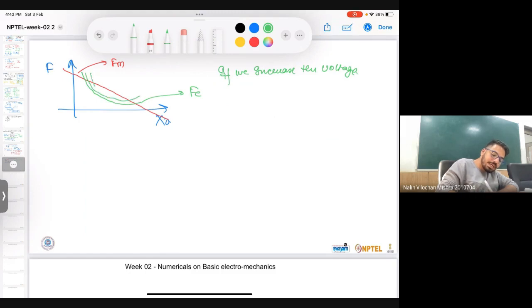If we again increase it like this, there will be certain roots, and there must be one solution where both the roots are the same. So we are increasing the potential or voltage.